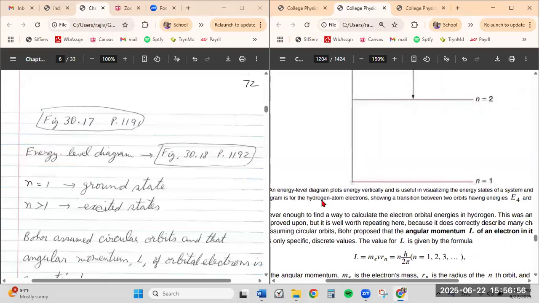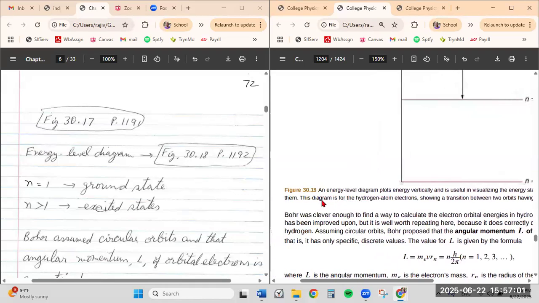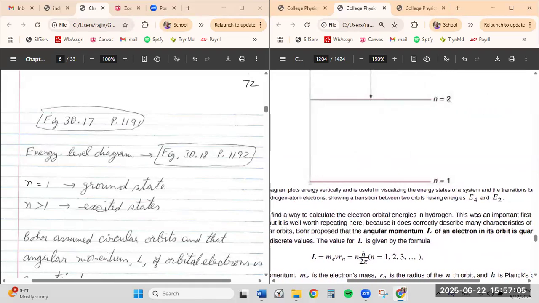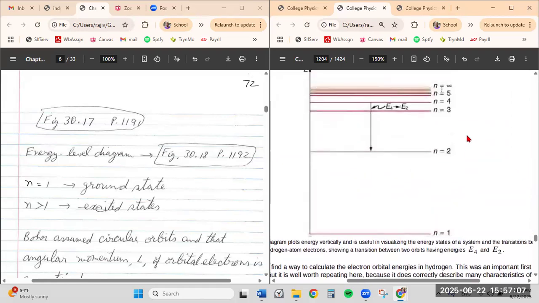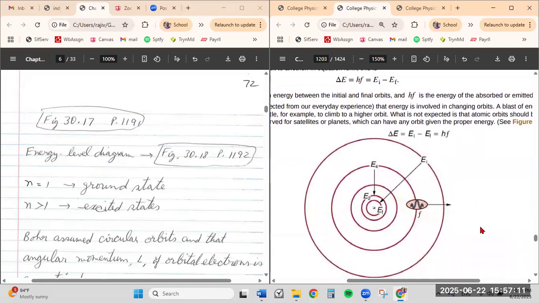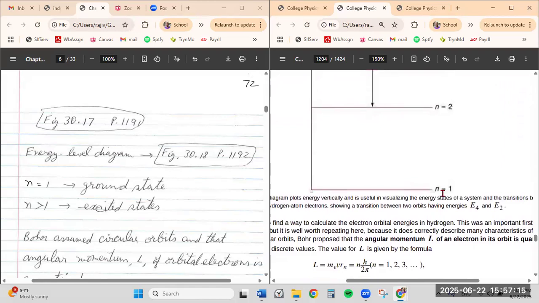And this is an energy level diagram for the hydrogen atom. It's showing the energy of these orbits. So the lowest possible energy corresponds to n equals 1, and that's this here.